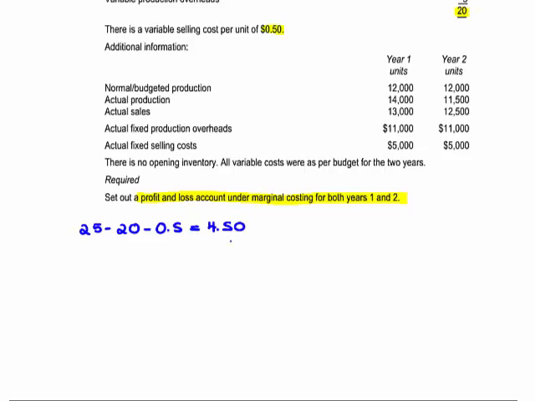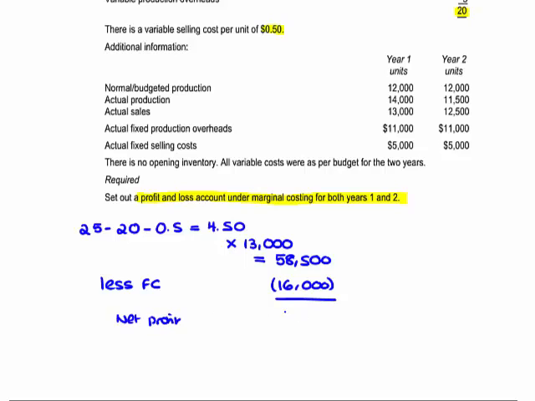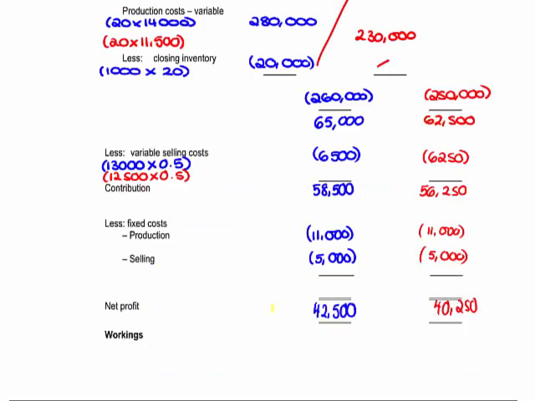So my contribution per unit was $4.50, and in year one we sold 13,000 units, which gives us a contribution of 58,500, and then I could take off my fixed costs of 16,000, and that would give me net profit of 42,500, which you should remember is the same as the net profit we worked out by doing the statement.